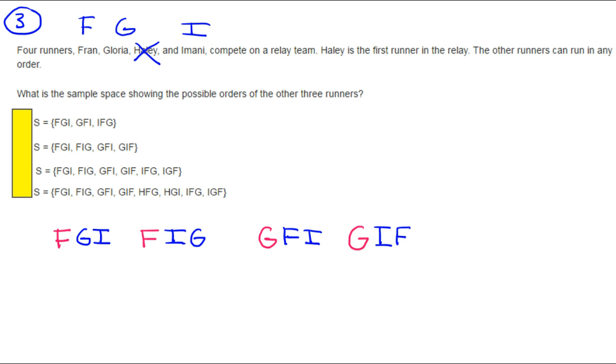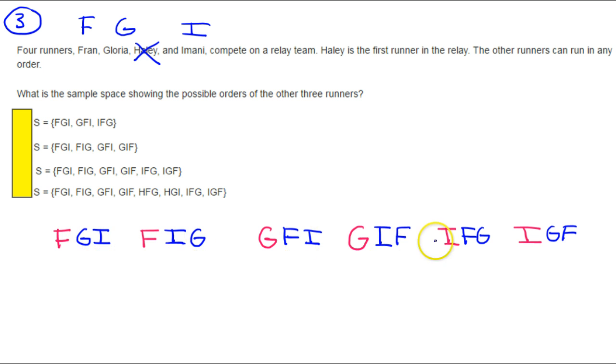That leaves the ways if Imani is the first of the three. If Imani is the first of the three, then it could be Imani and then Fran and then Gloria. Or it could be Imani and then Gloria and then Fran. So this is the sample space for the remaining three runners in terms of the orders they could go.